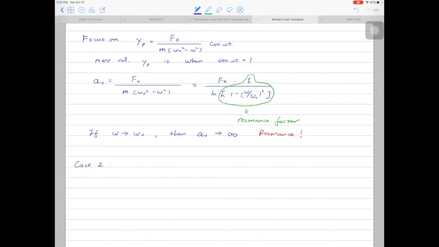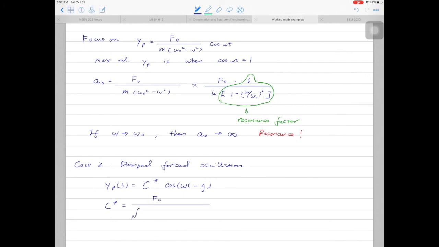Let's move on to look at the damped forced oscillation. The particular part of the solution can also be written down as a cosine wave, where yp is equal to c asterisk cosine omega t minus eta. We will not do the derivation here and just write down the solution for c asterisk and eta.